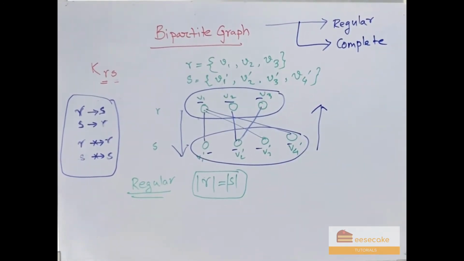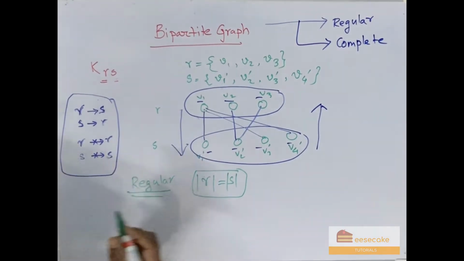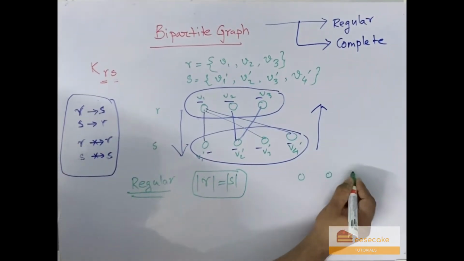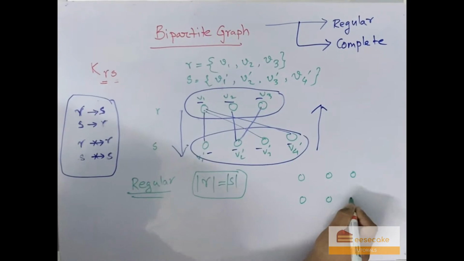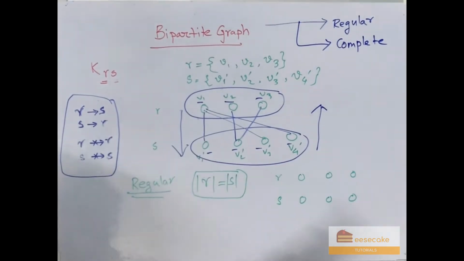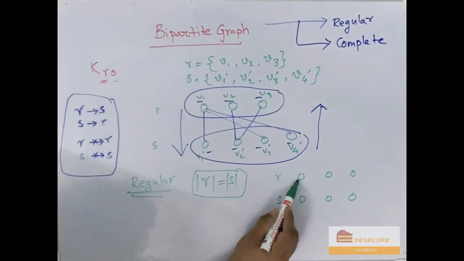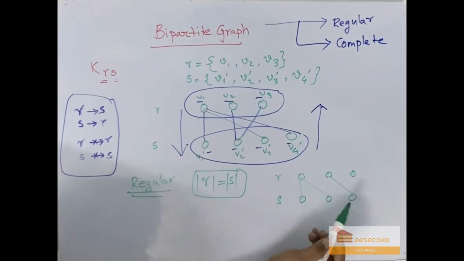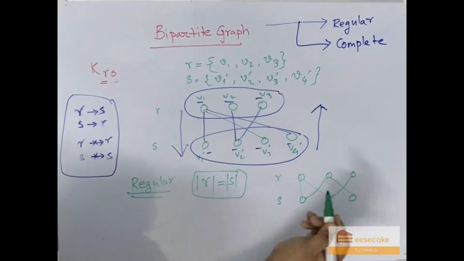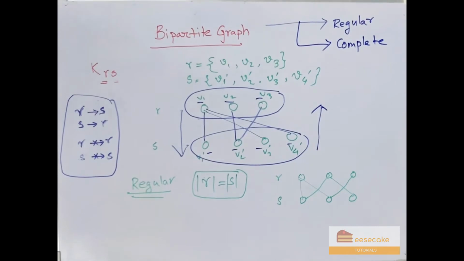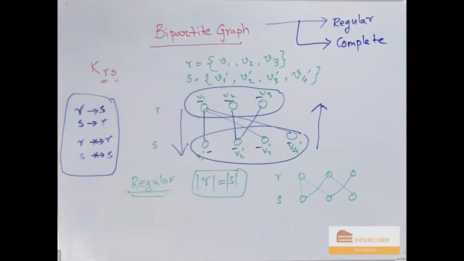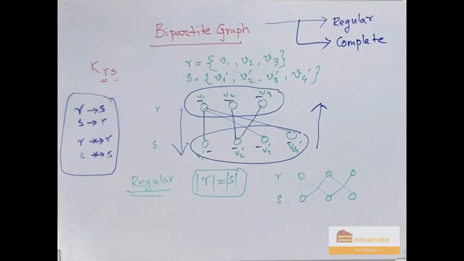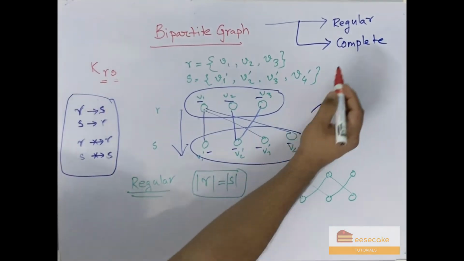Then we call it a regular bipartite graph. So for example, if this is an R set and this is an S set, whatever connection I make like this is an example of a regular bipartite graph.